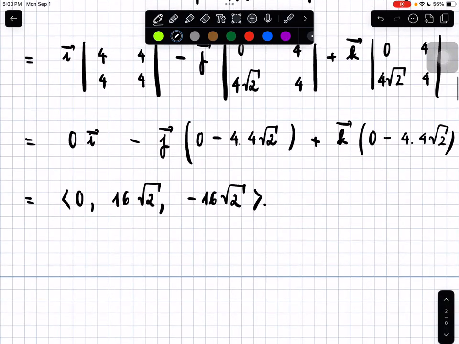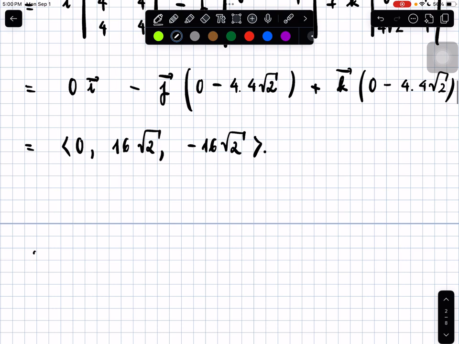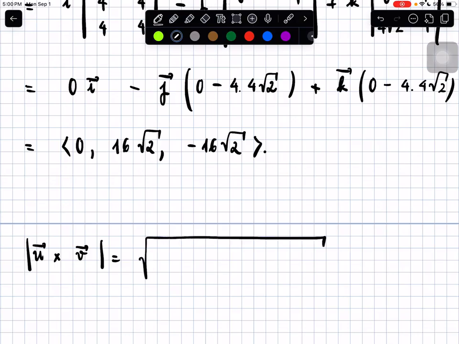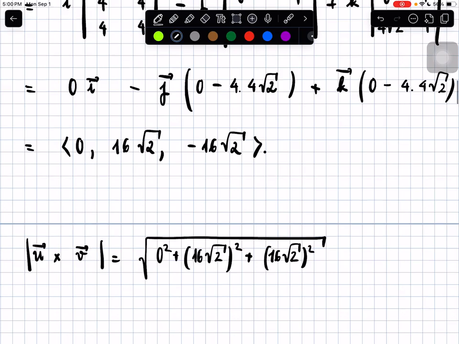And now, what is the length of u cross v? The length of vector u cross v is the square root of 0 squared plus (16 root 2) squared plus (16 root 2) squared. So we have 2 times 16 squared times 2.